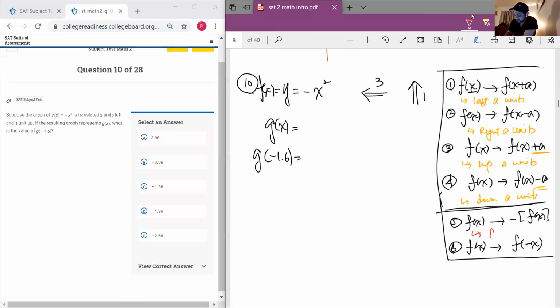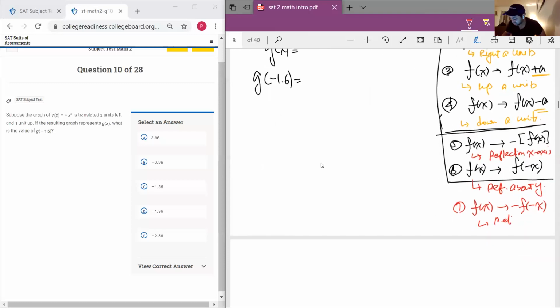So this is reflection about the x-axis, and that's reflection about the y-axis. And I should mention that f of x to negative f of negative x is a reflection about the x and the y, and we call it a reflection about the origin.